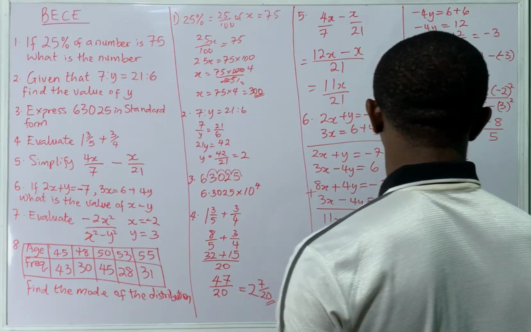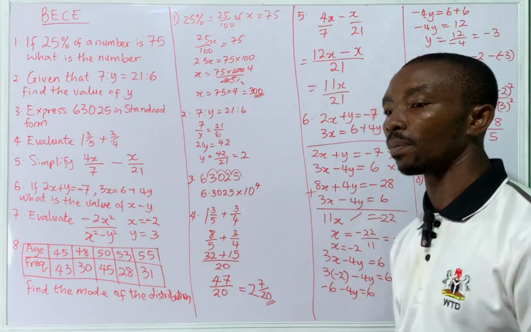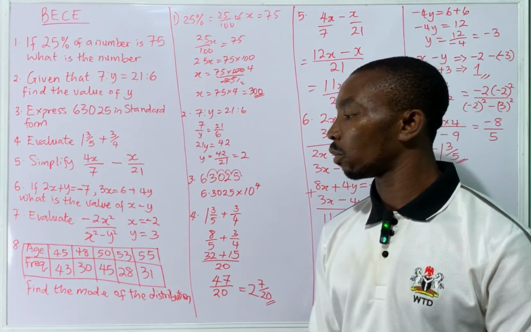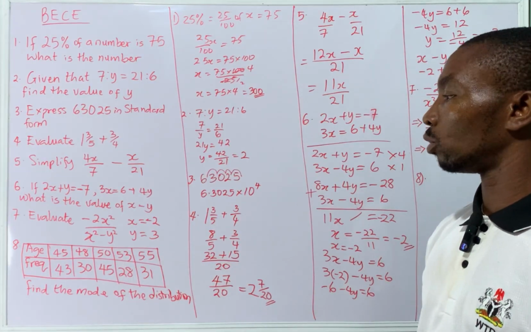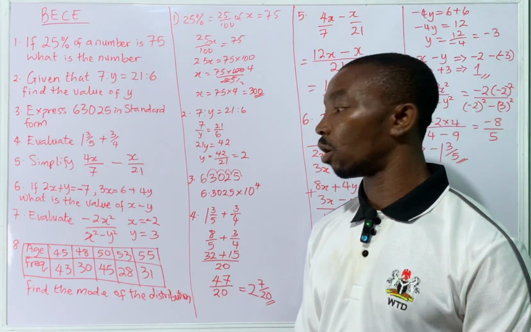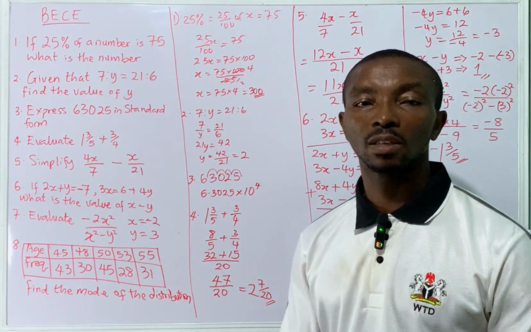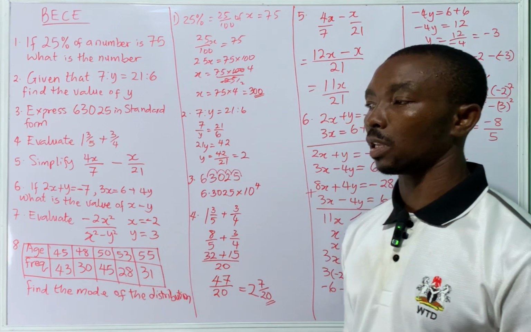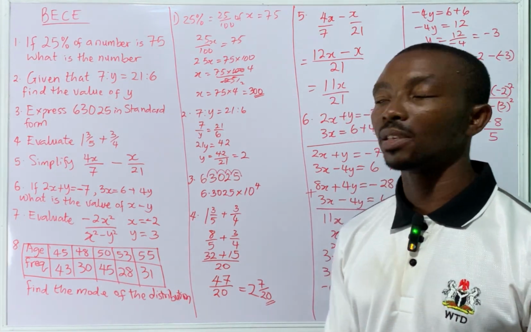And our eighth question says, find the mode of the distribution. Now, when we talk about the mode of a distribution, what is mode? Mode is the number or the age, in this case, the age with the highest frequency. The one in a set of data that has the highest frequency is the mode.